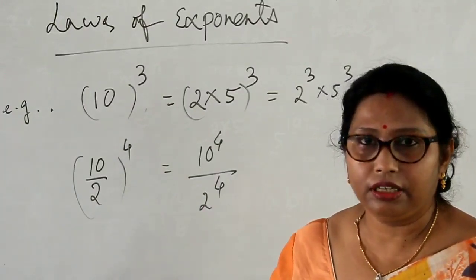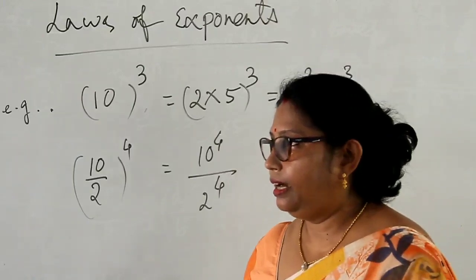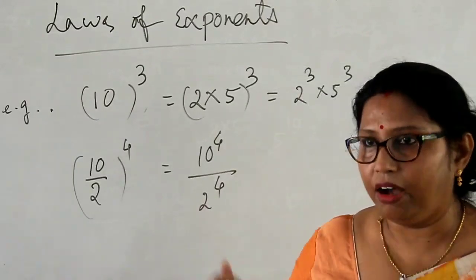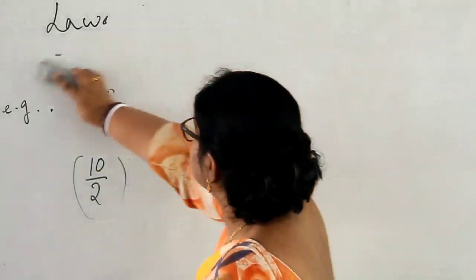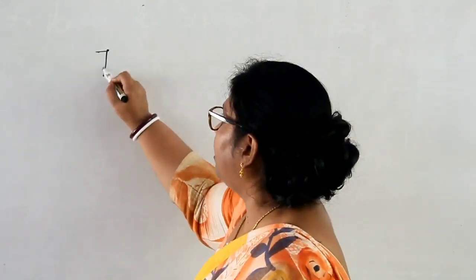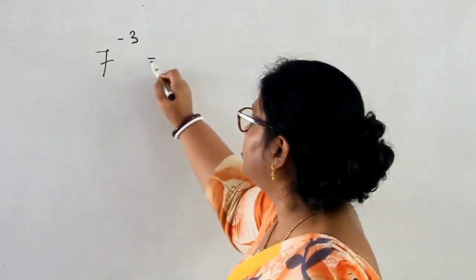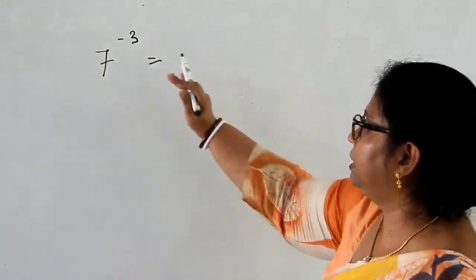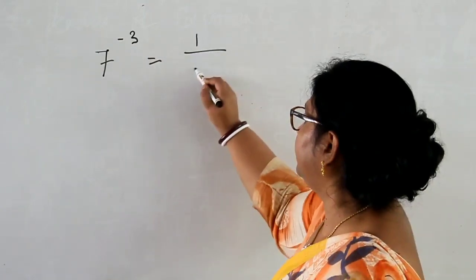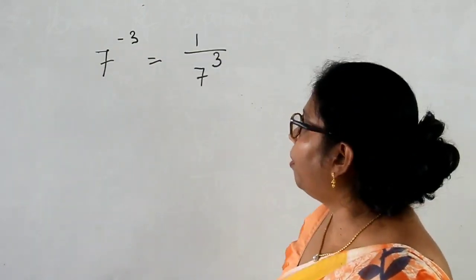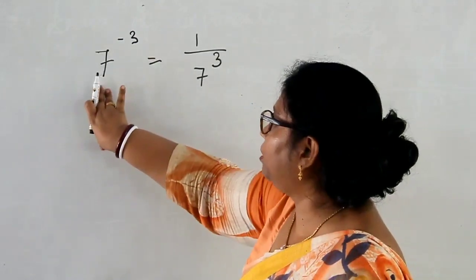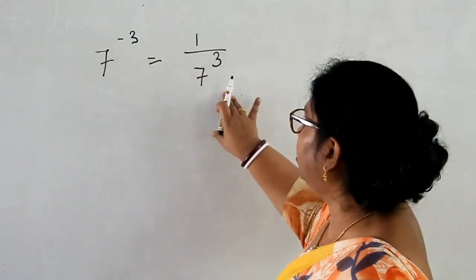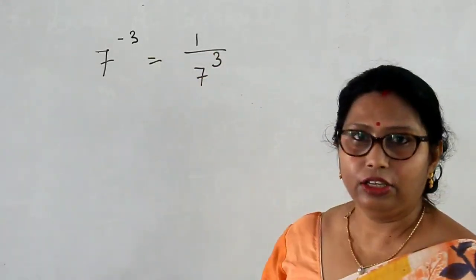Few more things which we have to know regarding negative integers as power, that I am going to show. So when I will have 7 to the power minus 3, what will happen to this power when it is written in this form? It will become positive. So 7 to the power minus 3 is equal to 1 by 7 cube.